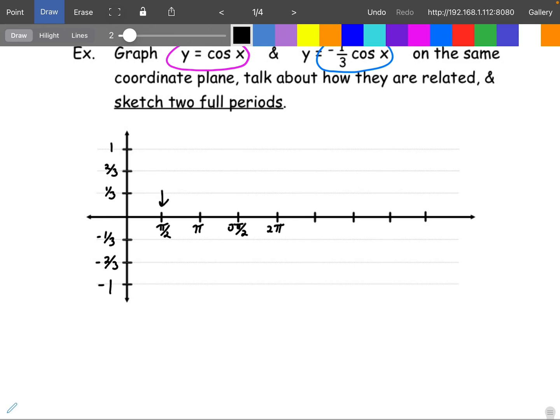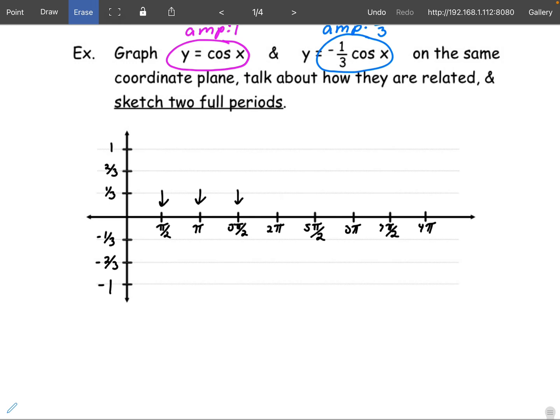So if I have pi over 2, 2 pi over 2, 3 pi over 2, 4 pi over 2, then this has to be 5 pi over 2. Then 6 pi over 2 is 3 pi, 7 pi over 2, and then 8 pi over 2, which is 4 pi. All right, so we have everything labeled.